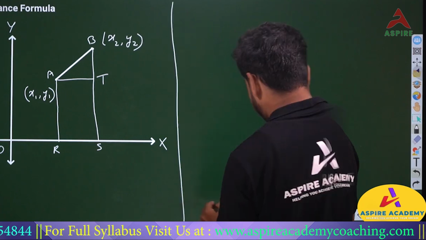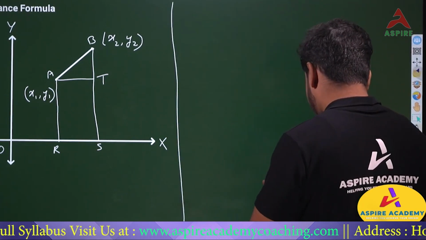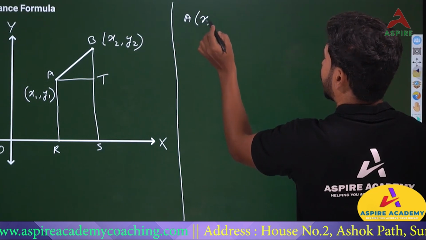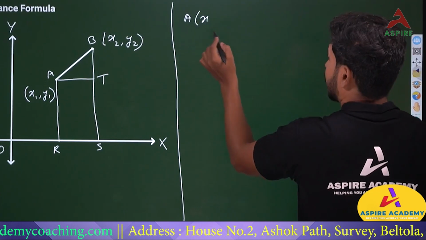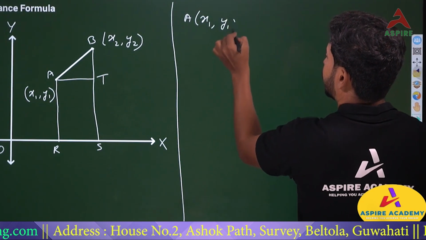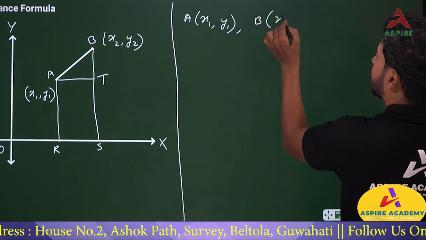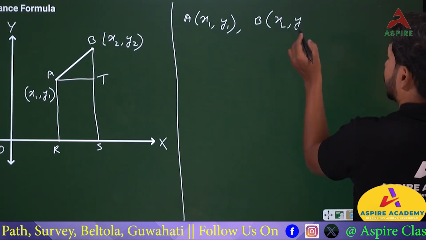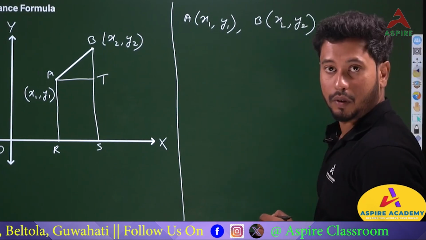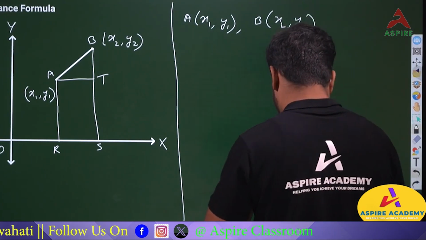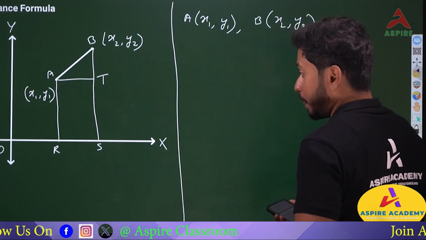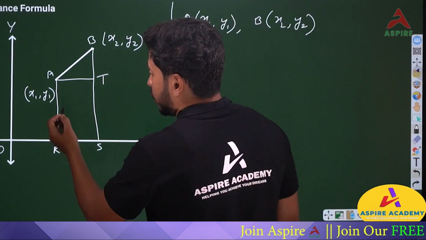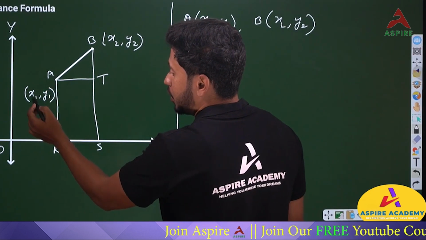Now see, A is x1, y1 and B is x2, y2. Here see, the location of point A is x1, y1.